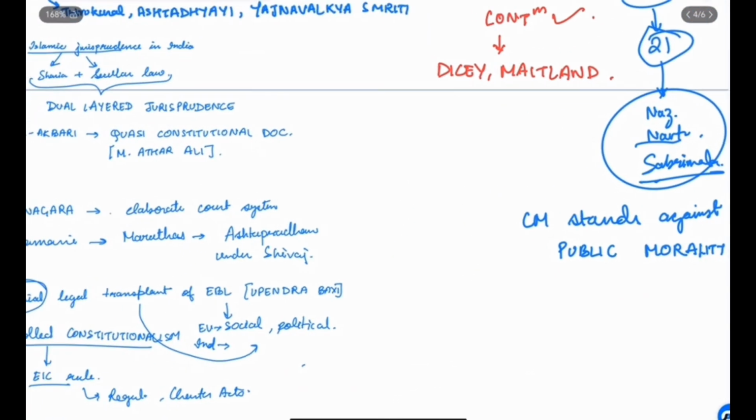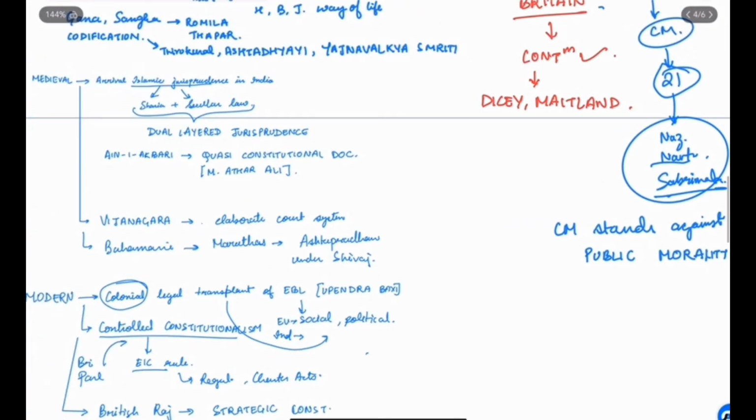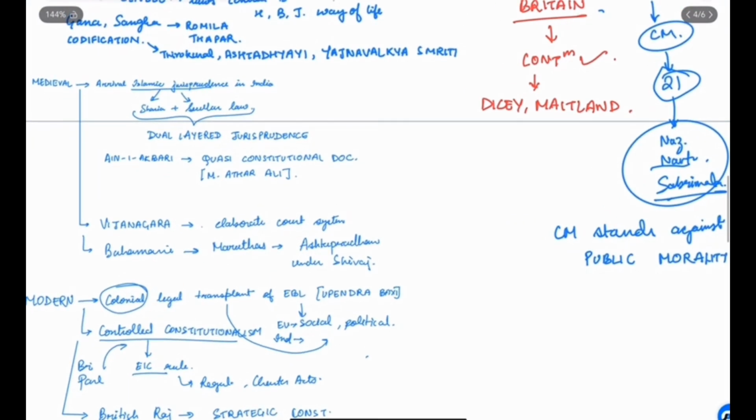We can simply see that justice is essential, liberty is essential, equality is essential. It might be in contravention to our personal morality at times, but when we keep constitutional morality at top, rights of every citizen can be ensured.